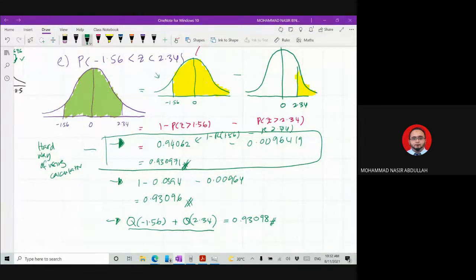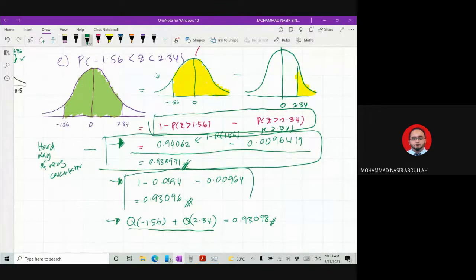But in your final exam or test, you need to write down the basic concept, which is this formula, 1 minus probability of Z more than 1.56 minus probability of Z more than 2.34. Right? You need to write down the classical concept, right? So the calculator is just to confirm back whether your method is correct or not.